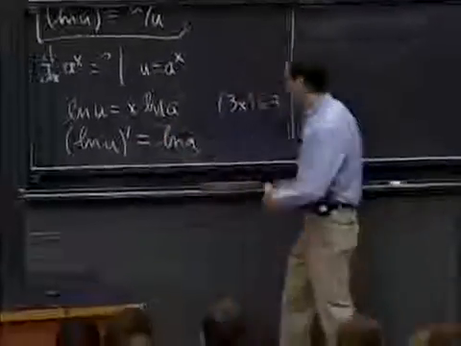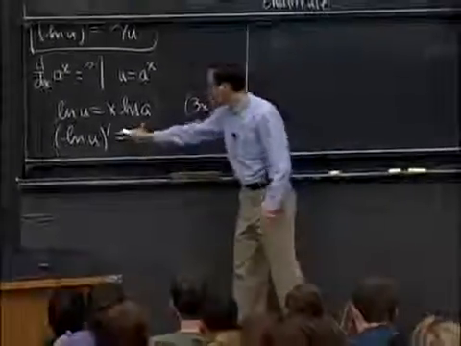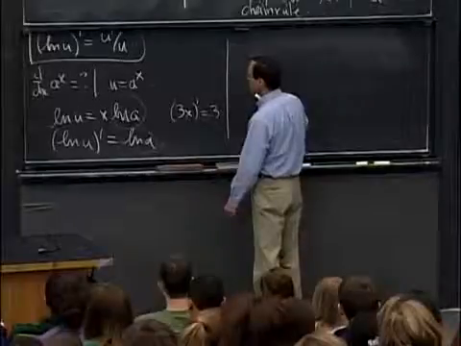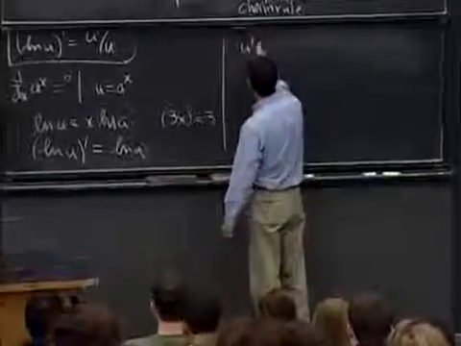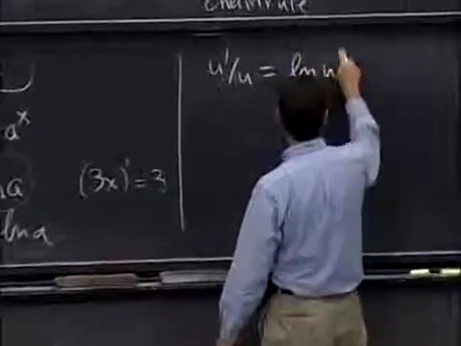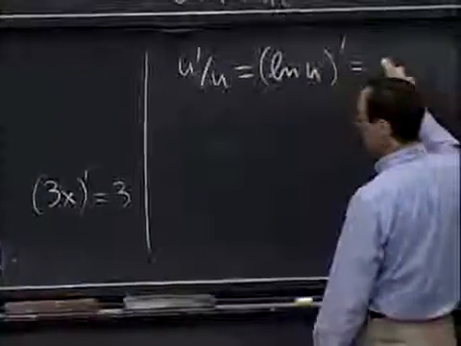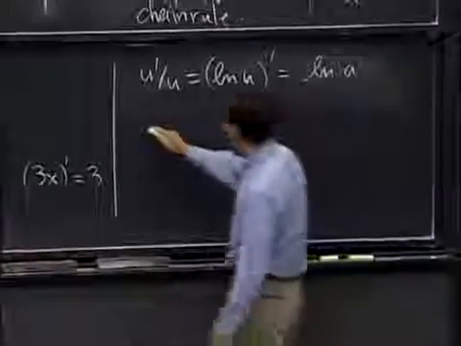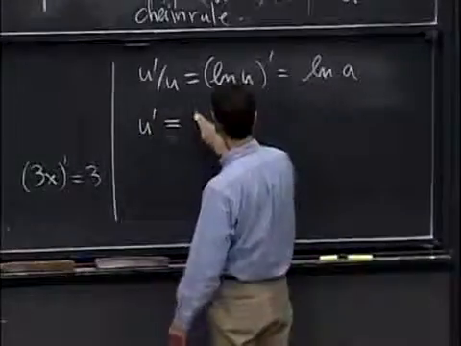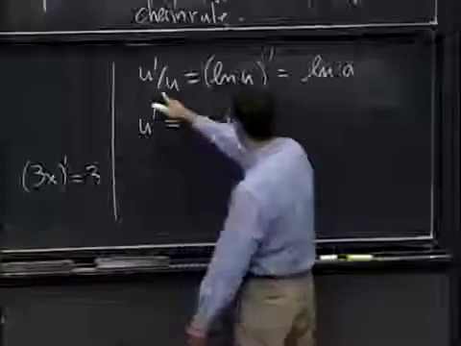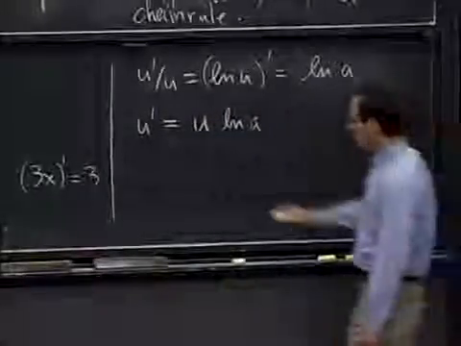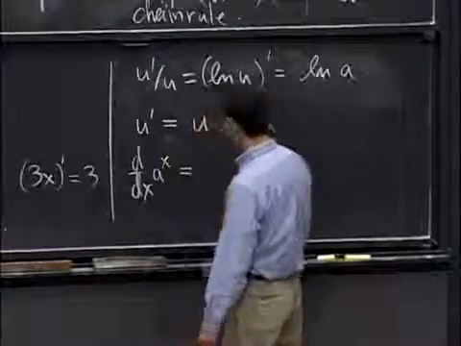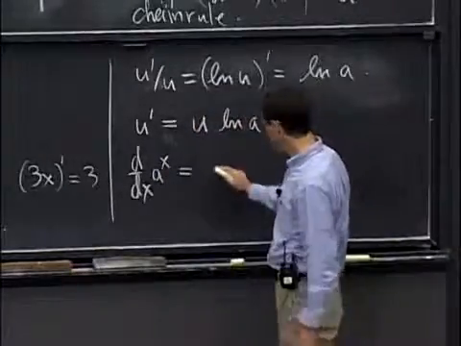All right, so there's our formula that is the derivative of the logarithmic derivative is this. But let's just rewrite that. That's the same thing as u prime over u, which is log u prime is equal to log a, right? So this is our differentiation formula. So here we have u prime. U prime is equal to u times log a, if I just multiply through by u. And that's what we wanted. That's d by dx of a to the x is equal to log a.